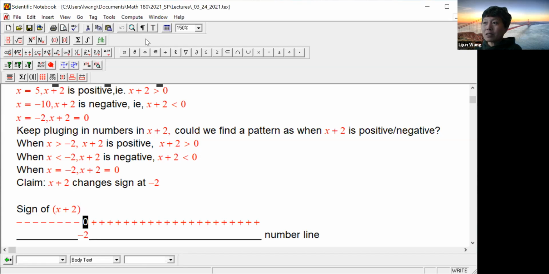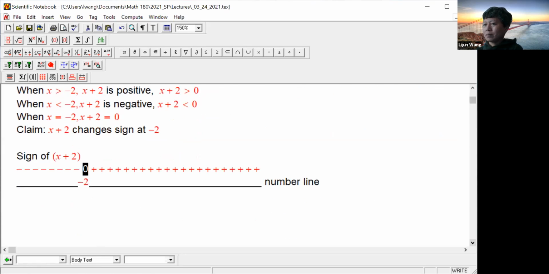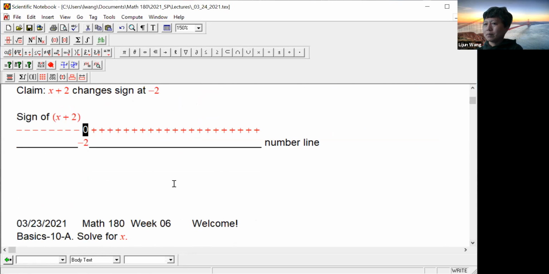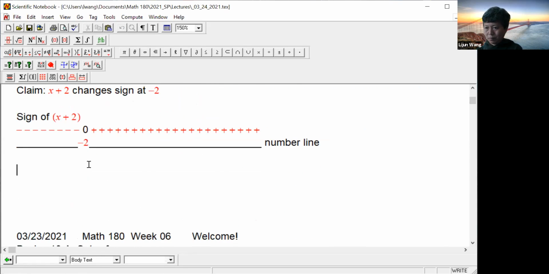Now, if you think you understand everything so far, let's look at x minus 3.